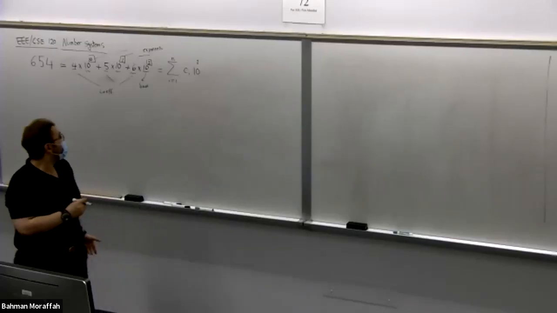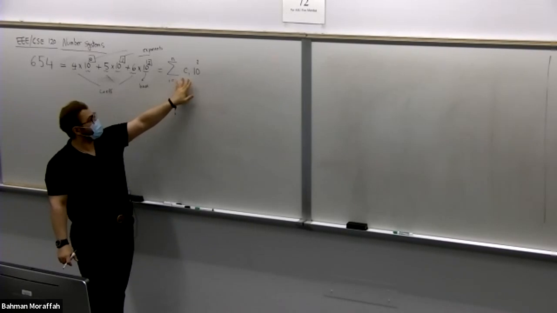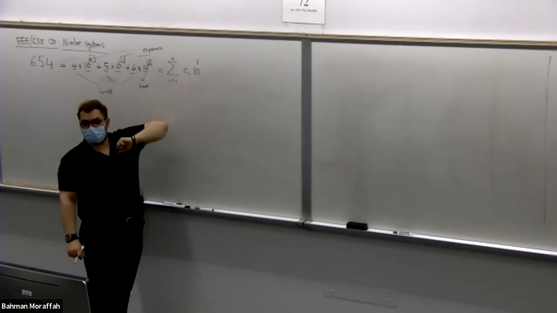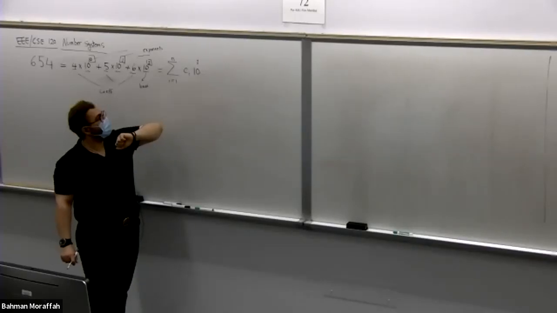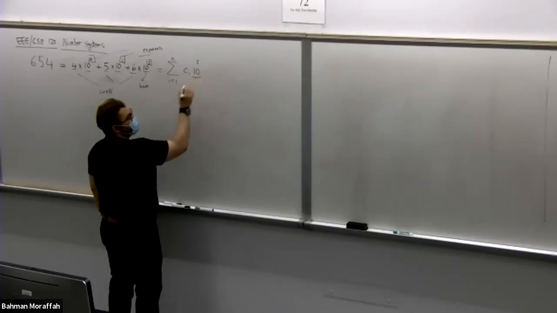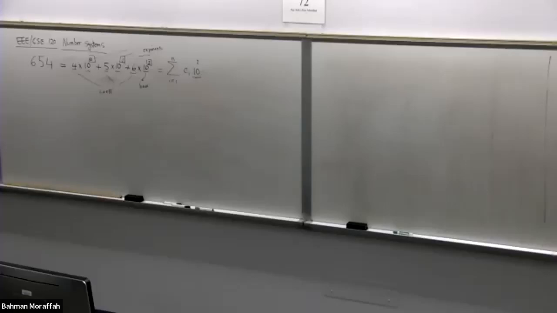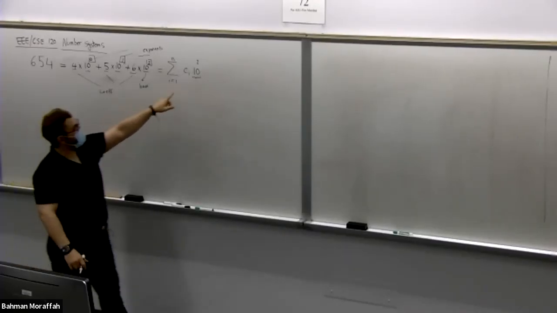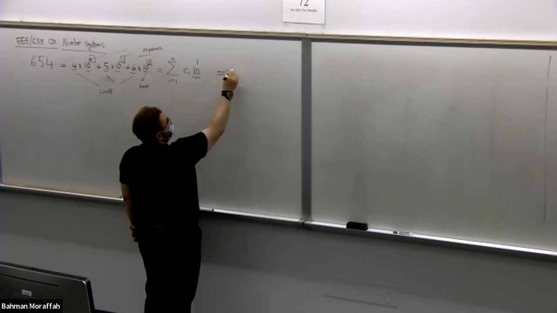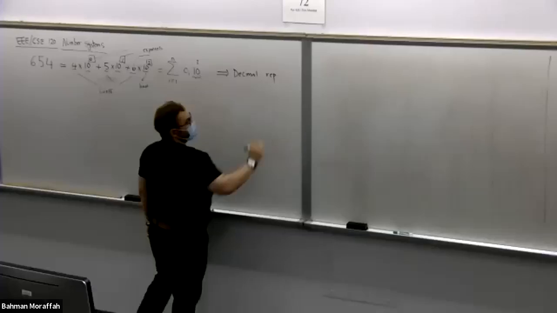If you look at it, there is a coefficient, there is a base, and there is an exponent. This base here is actually 10. So whenever we have a number, we're writing it in base 10. We call this decimal representation.